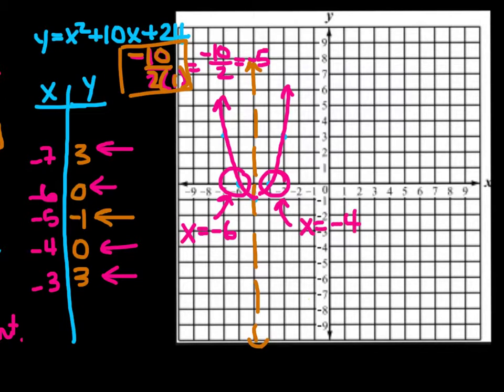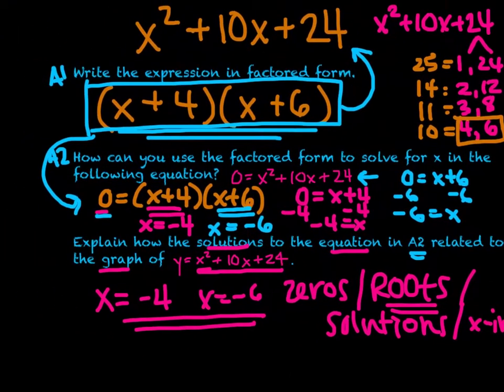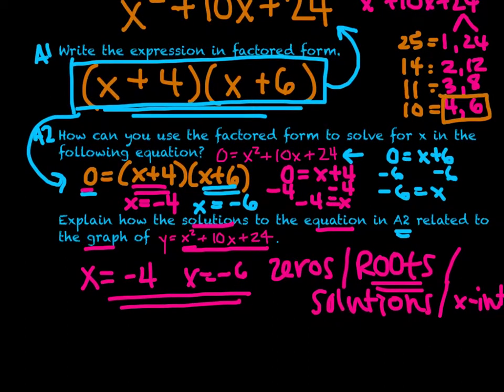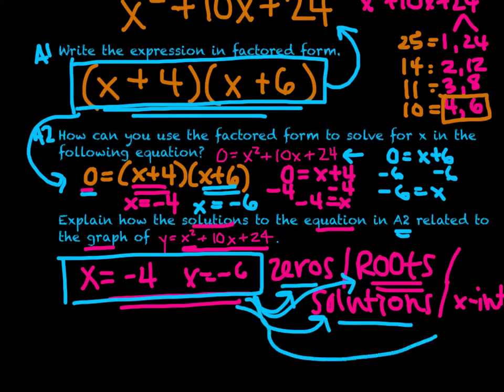That is how our graph is related to our solutions. So it's exactly as predicted. X is equal to negative 4 and x is equal to negative 6 are zeros. They are roots. They are solutions. They are the x-intercepts of my graph.